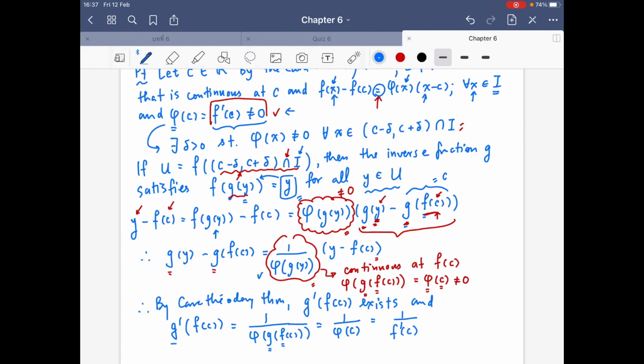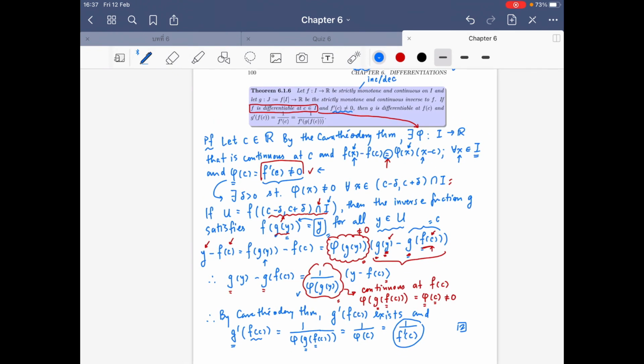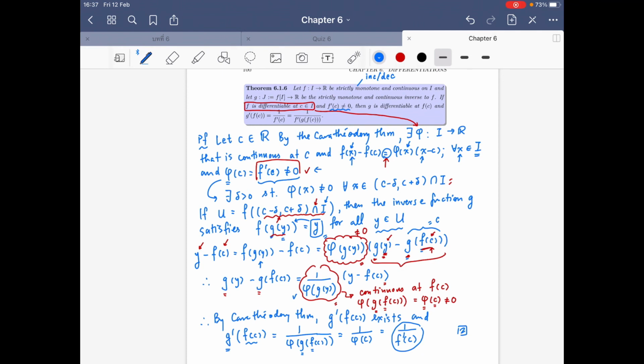So we have g prime at this point equal to 1 over f prime at the same point c, as required. So this is the result about the derivative of the inverse function. We don't really need to find the inverse of the function, but we can use this property to find the derivative of its inverse.